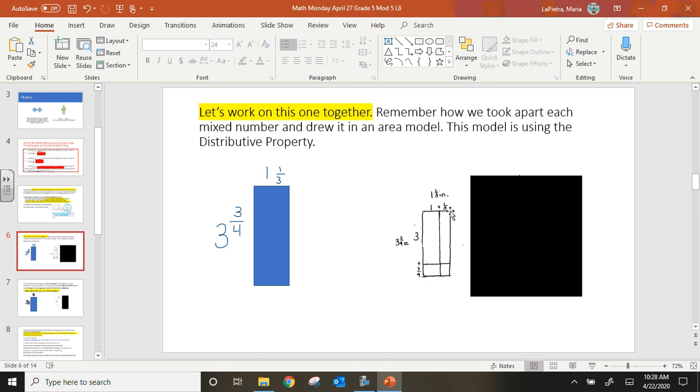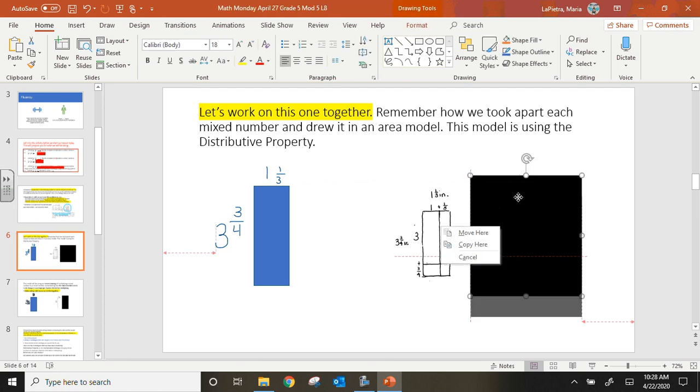I'm hoping everybody understands that. We're just separating the whole number from the fraction. So I have my whole number here and my fraction here. My whole number here and my fraction there. Okay. So I'm going to say 3 times 1 is 3. And 3 times 1/3. I'm going to move this over here.